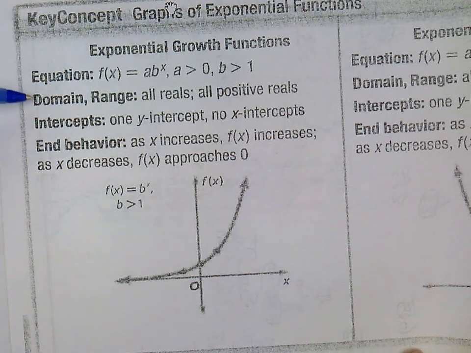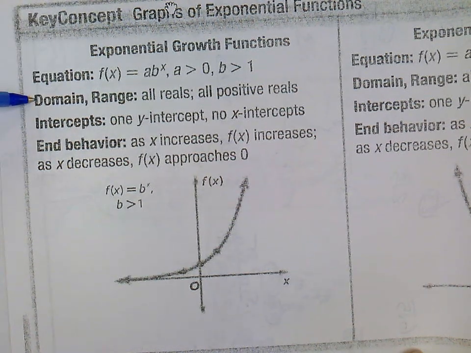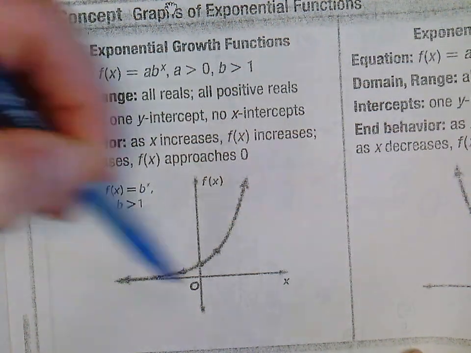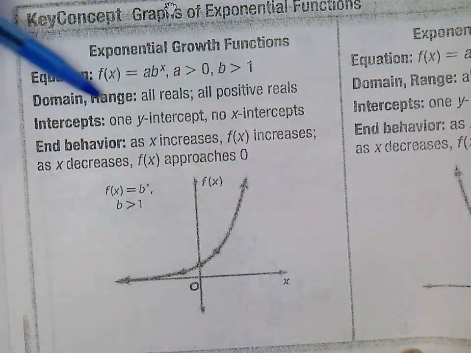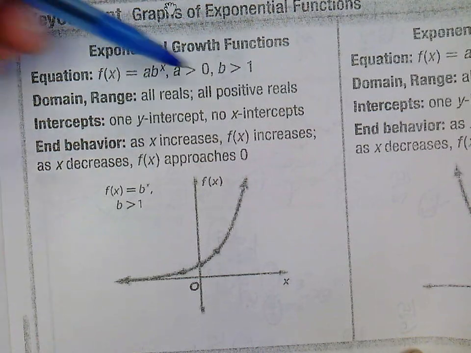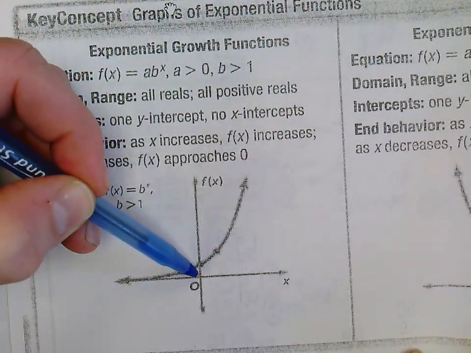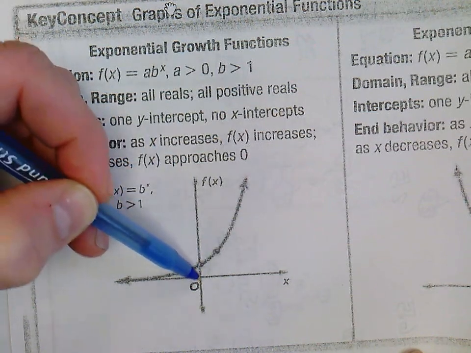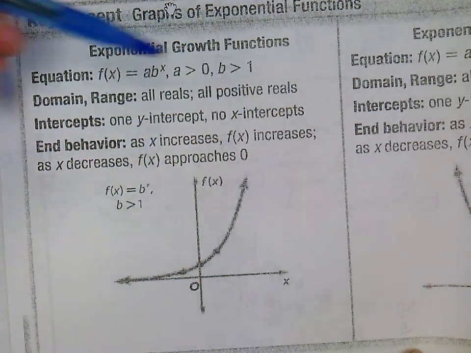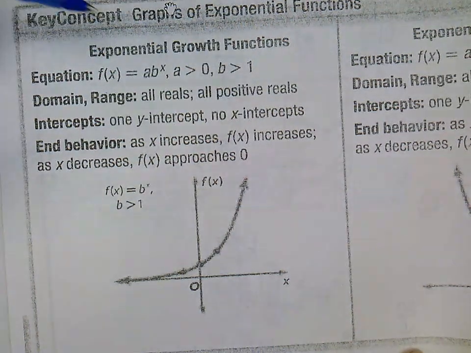If I ask you, for instance, the domain and range of this, you'll see that the domain is all real numbers. It's always going to be all real numbers for something that is exponential. And the range is greater than 0, to positive infinity, or all positive real numbers.